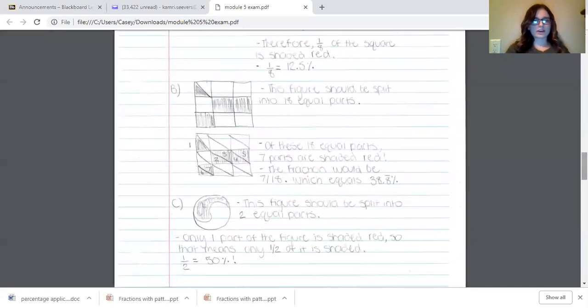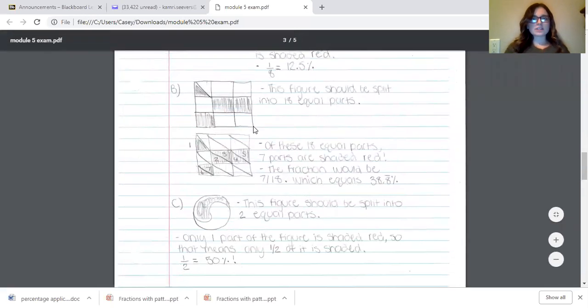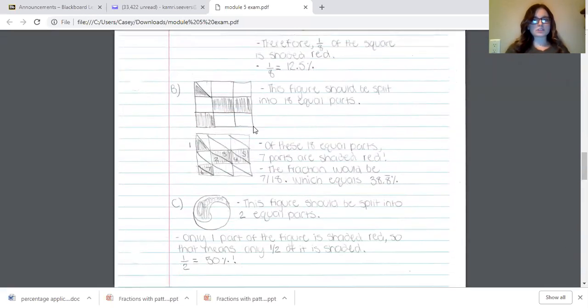For B, we have this figure. This figure should be split into 18 equal parts, as you can see down below. And of these 18 equal parts, 7 parts are shaded red, as you can see, 1, 2, 3, 4, 5, 6, 7. So the fraction would be 7 over 18, which equals 38.8%.